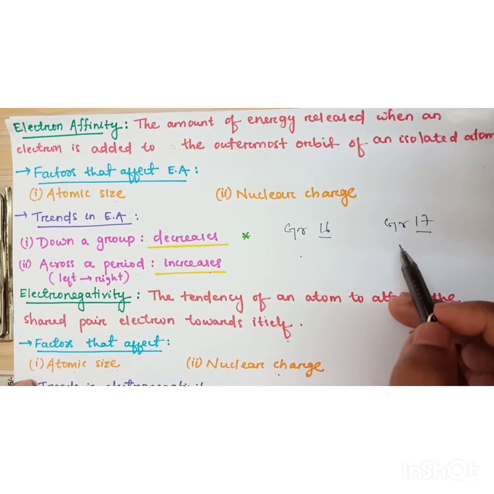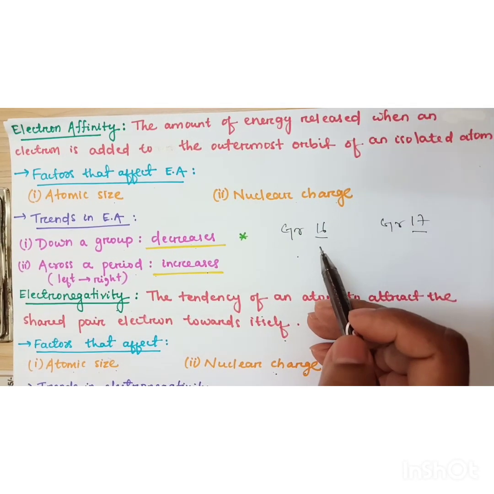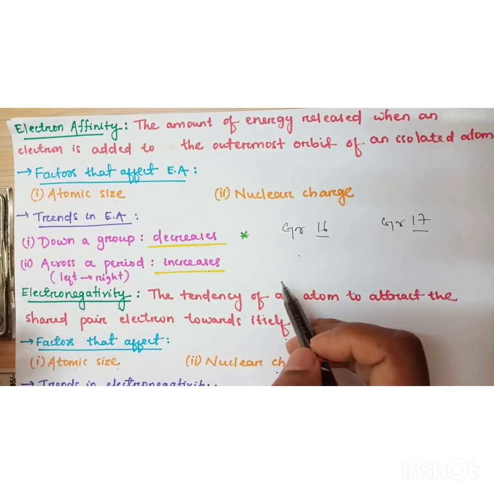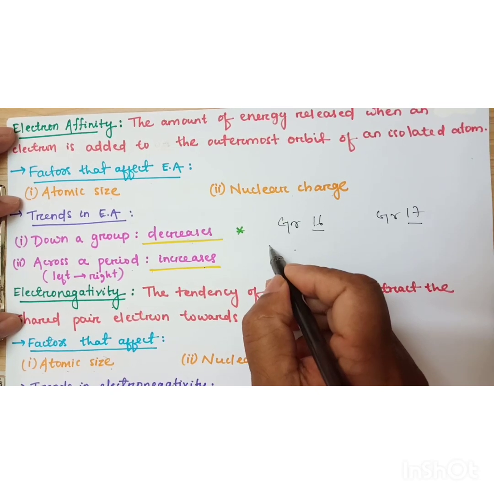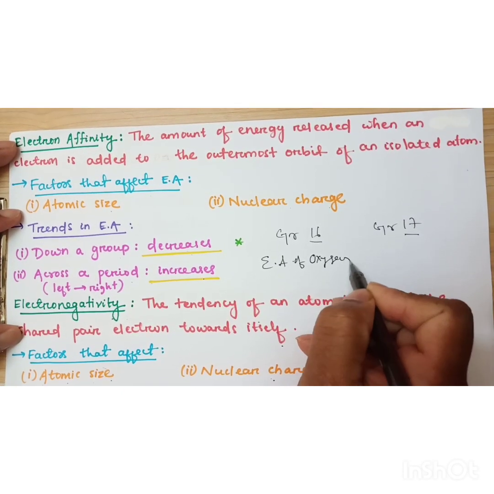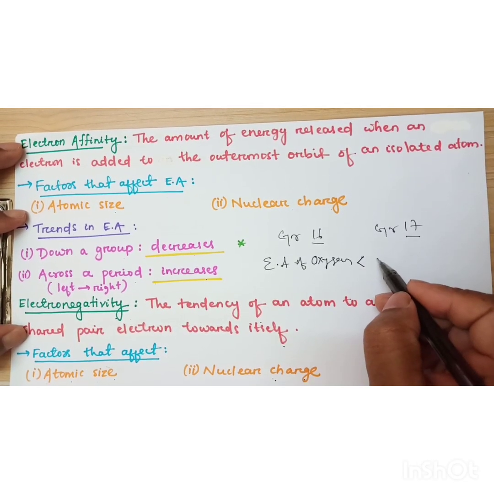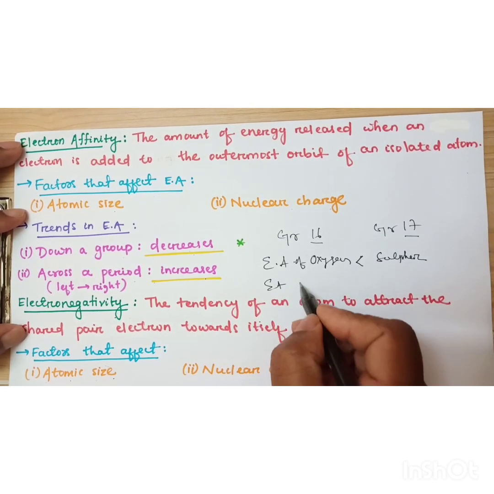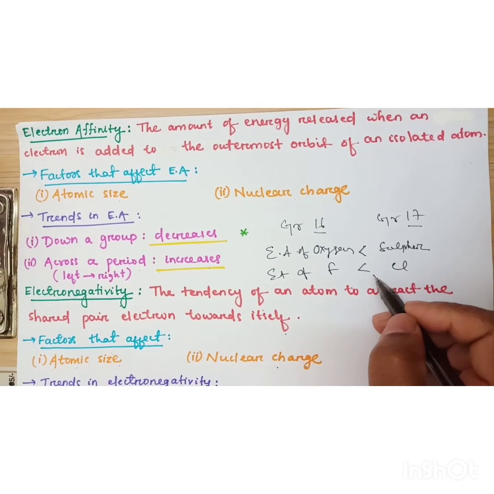Because the size is smaller, the electron affinity of fluorine and oxygen is less than chlorine and sulfur. Okay, this is the exception case, you remember.